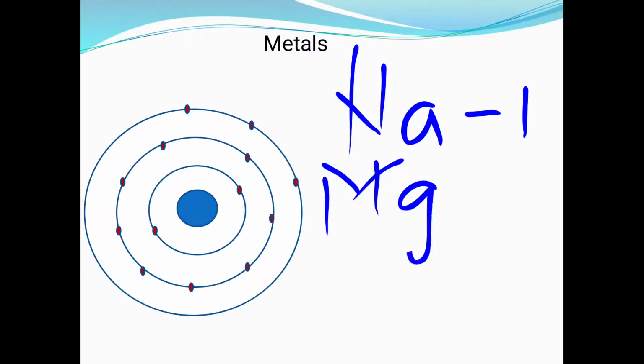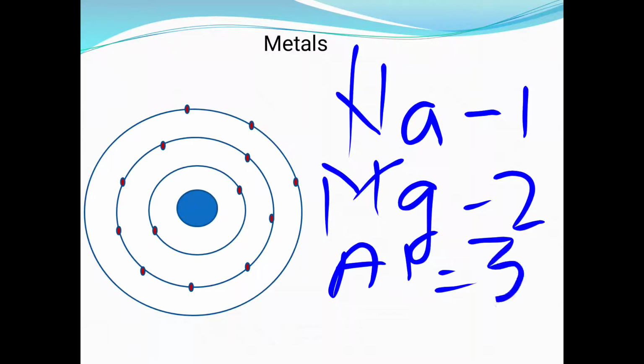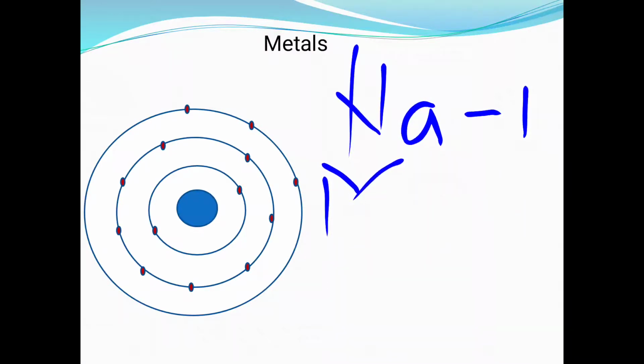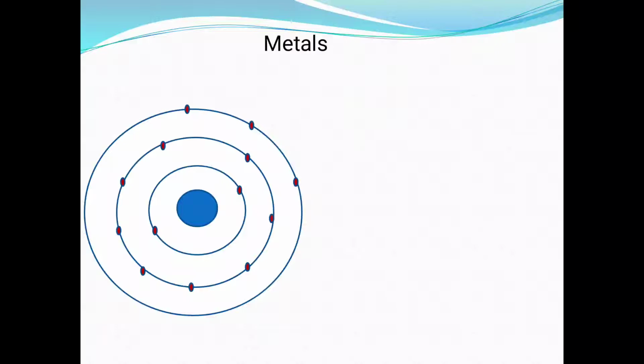Magnesium has to lose 2 electrons, so the losing of electrons becomes a little bit difficult. Aluminium has to lose 3 electrons, so again the process becomes difficult, right? So here sodium is the strong metal. Why? Because it loses its electron very easily, right?